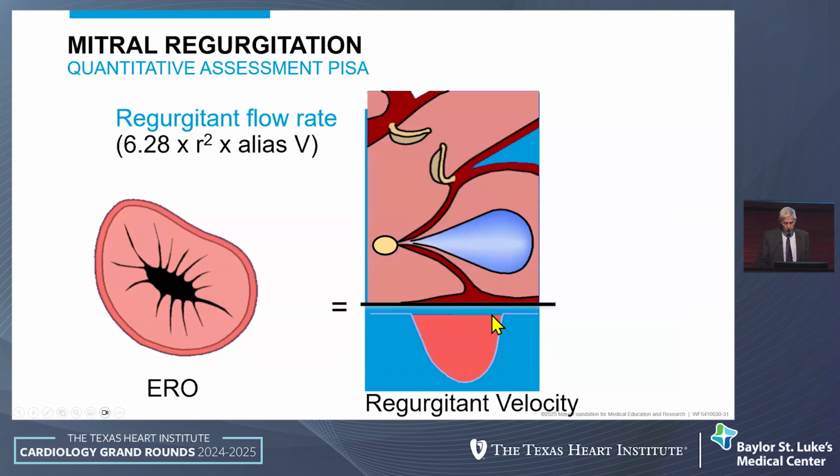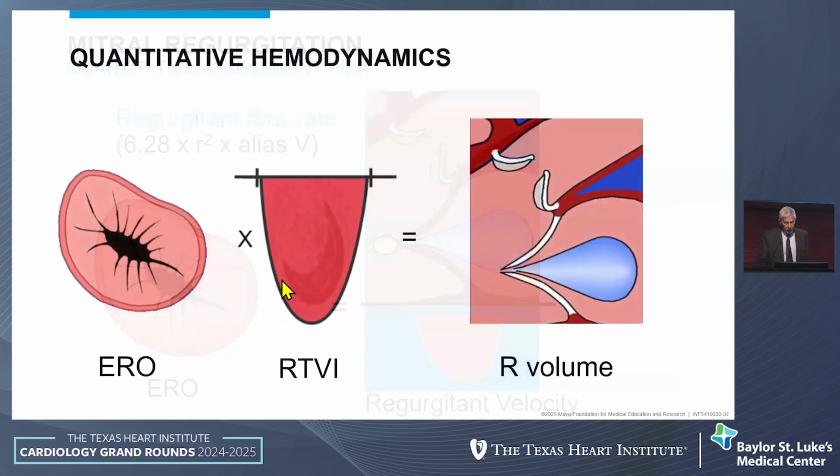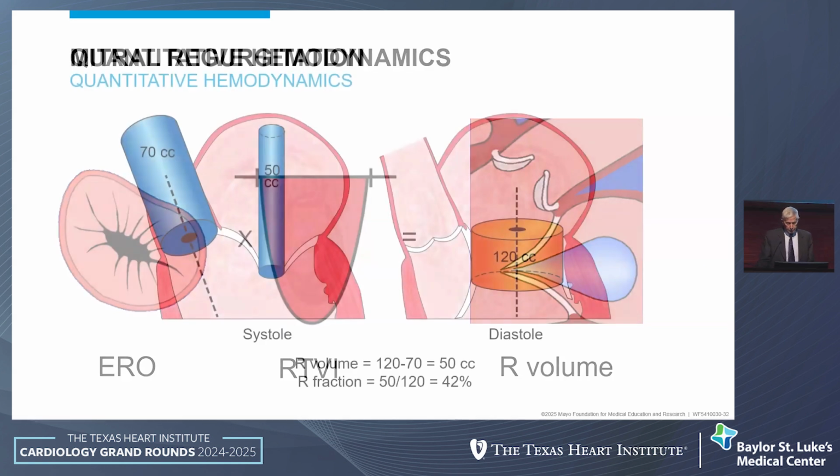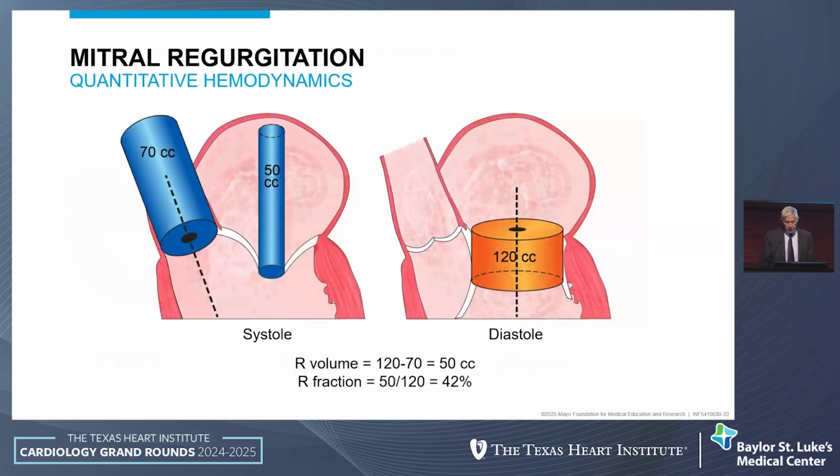You divide that by the regurgitant velocity and you get the ERO. If you know the ERO and the regurgitant time velocity interval, then you can calculate a regurgitant volume. And all of this is known very well by cardiologists in the audience who know much more about it than I do. There's another way to measure regurgitation, and that's with the continuity equation.